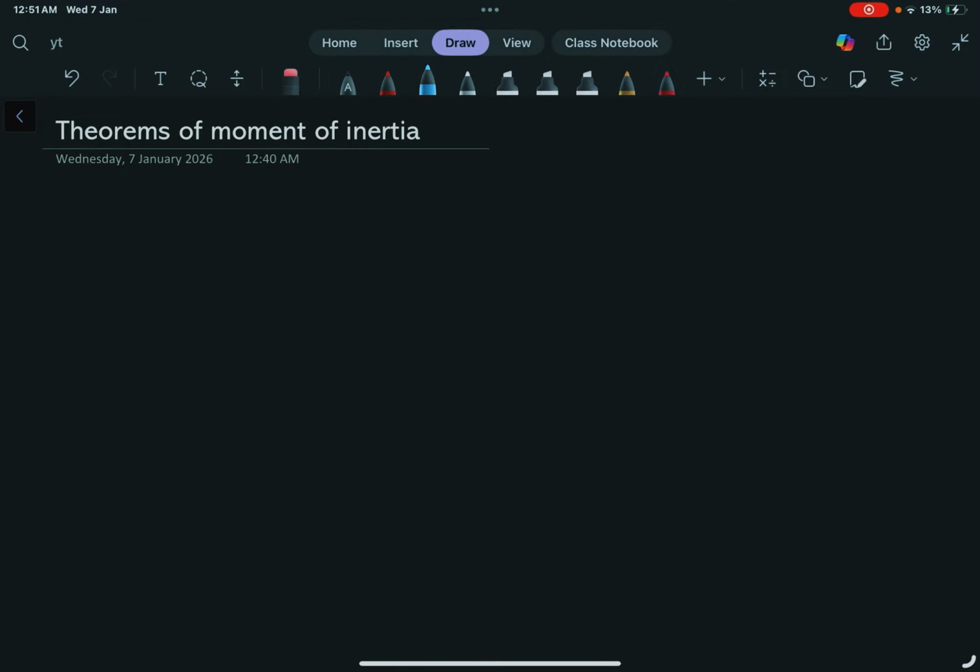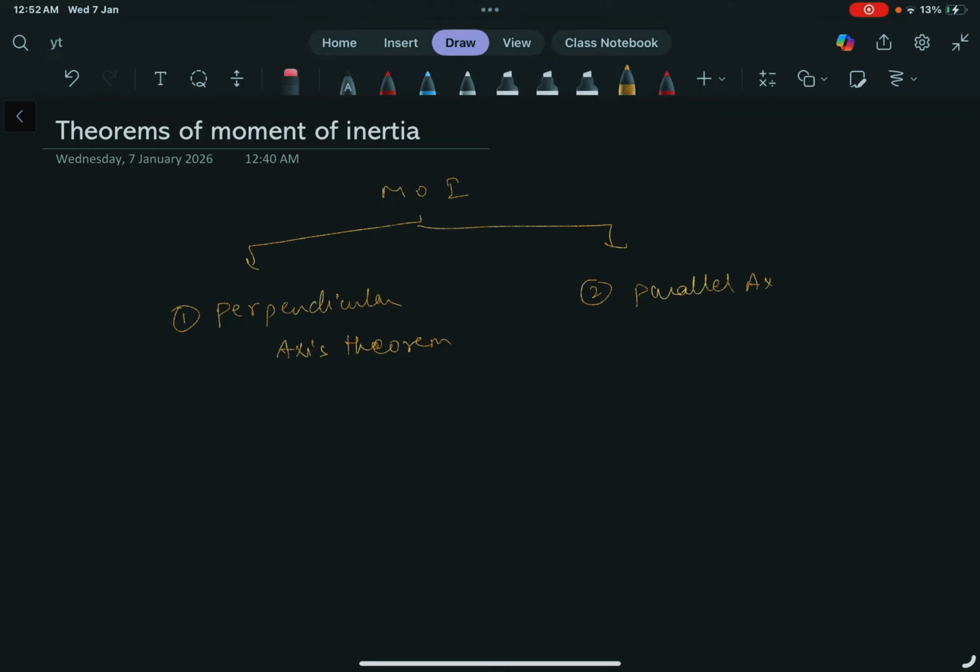So actually moment of inertia has two theorems: the perpendicular axis theorem, and second, the parallel axis theorem.